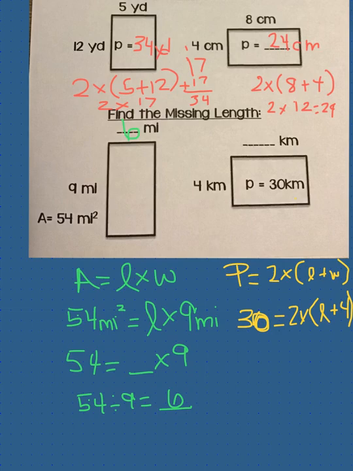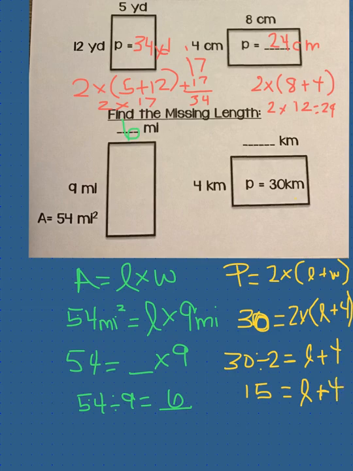Over here I multiplied, I'm going to say 30 divided by 2 equals, and then whatever's in the parentheses, length plus 4. Well, 30 divided by 2, what's half of 30? If I cut 30 in half, it's 15. Equals length plus 4.